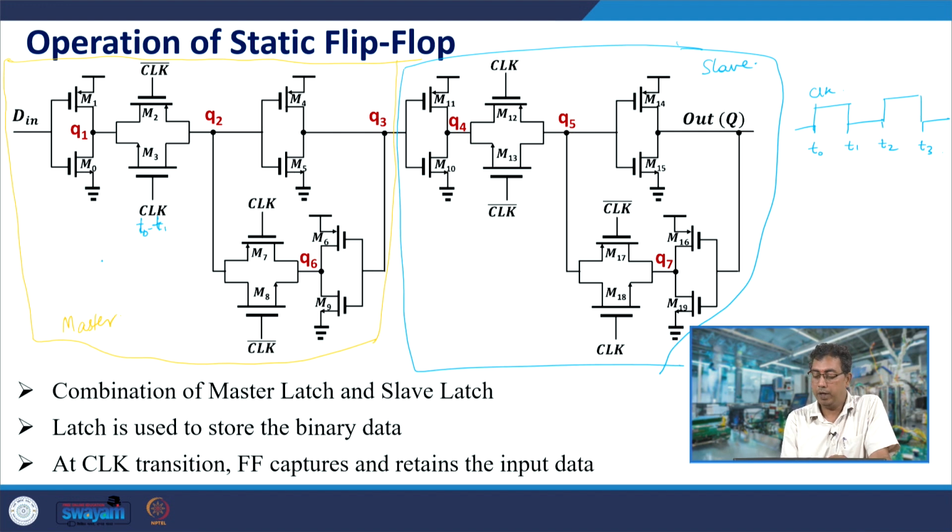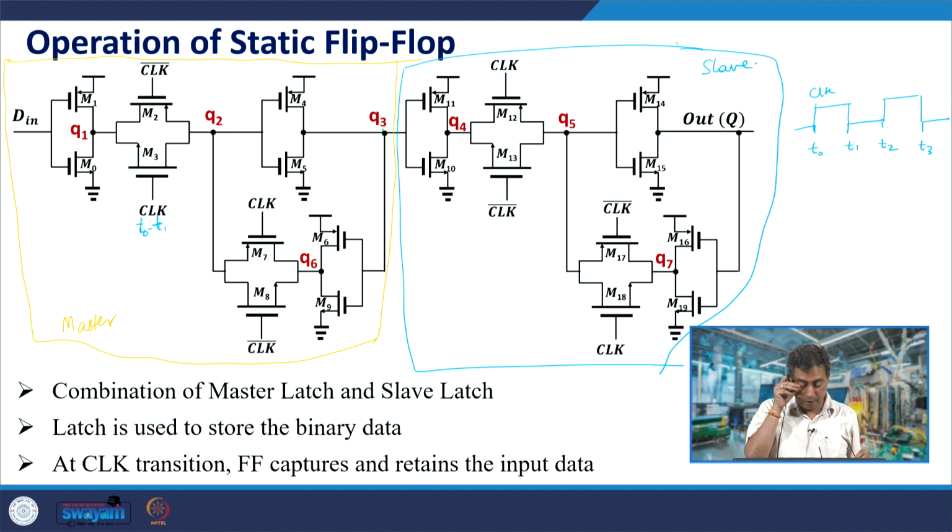Therefore, the input between T0 and T1 is available in an inverted form at Q2 and, with some delay, at Q3. That delay should be such that Q3 is available in its full value before T1.